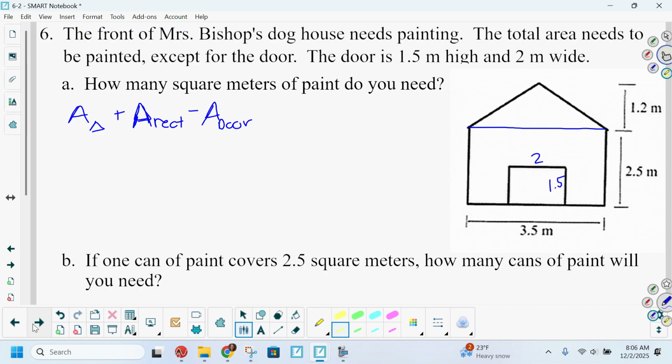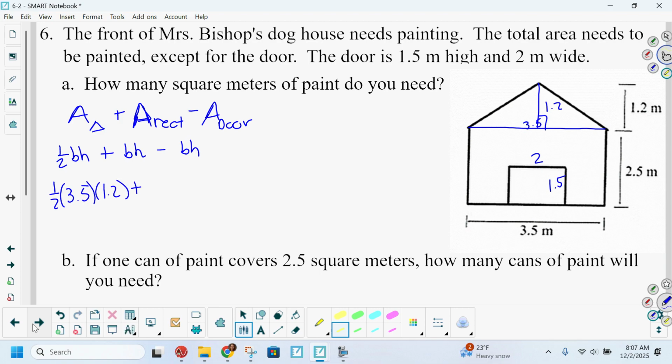All right, so I know triangle is 1/2 base times height. Rectangles are base times height. If I look at my triangle here, I can see my base is 3.5, and my height, remember, is always the altitude, so that's going to be 1.2. So I have 1/2 times 3.5 times 1.2.